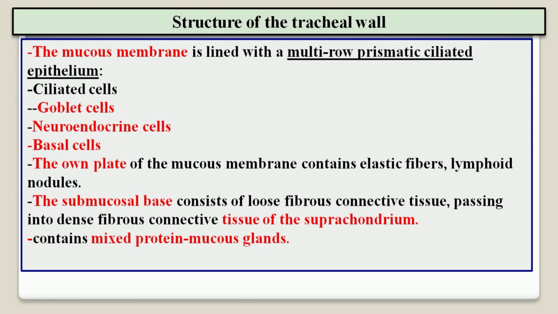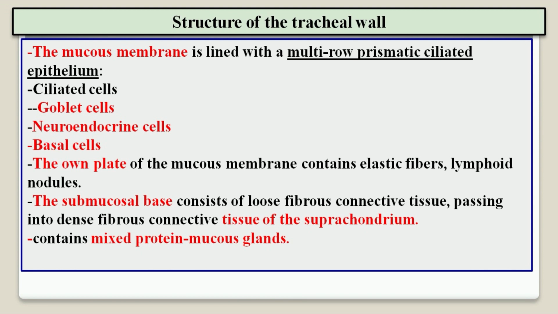The mucous membrane is lined with a multi-row prismatic ciliated epithelium: ciliated cells, goblet cells, neuroendocrine cells, basal cells. The lamina propria of the mucous membrane contains elastic fibers and lymphoid nodules.